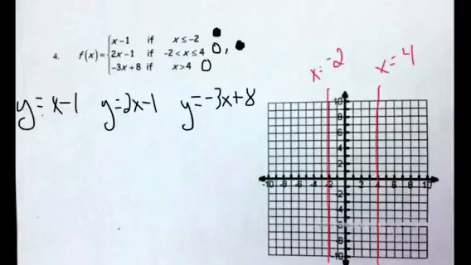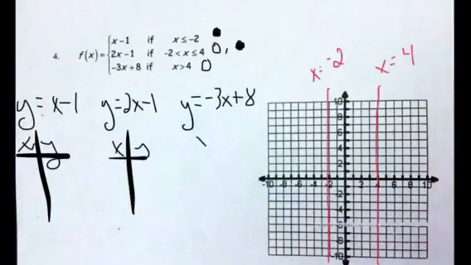I'm going to start by making a t-chart, because I feel it will be a lot easier to figure out where the dots and the open circles are on these red lines for x equals negative 2 and x equals 4.